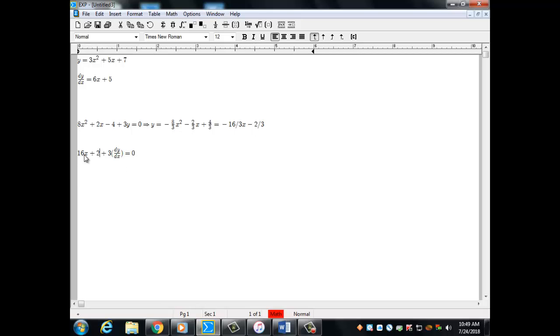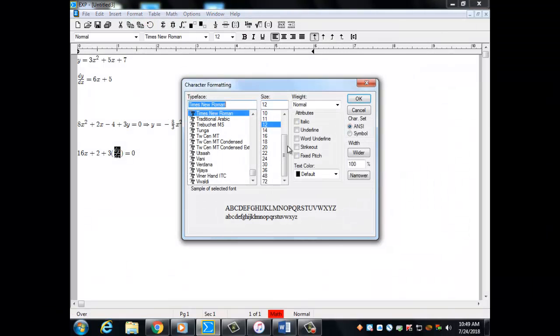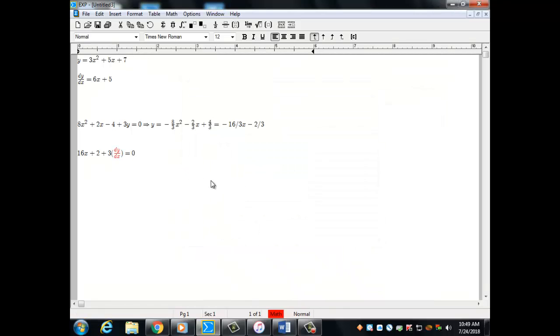Now, what I have is 16x plus 2 plus 3 dy/dx equals 0. How do I solve for dy/dx? How do I solve for this piece? Step 1 would be what?